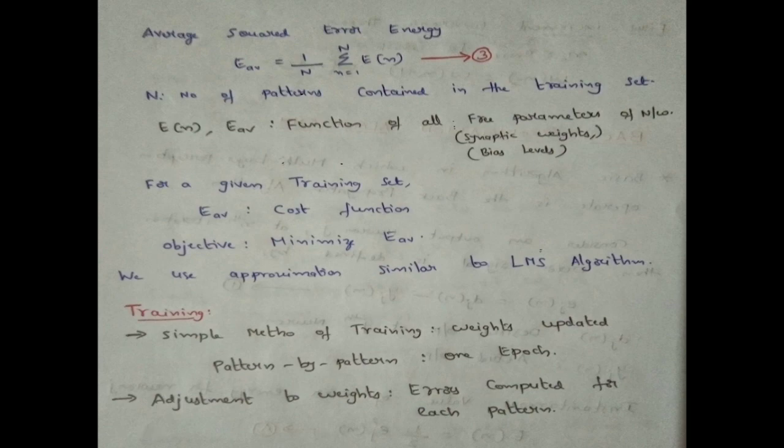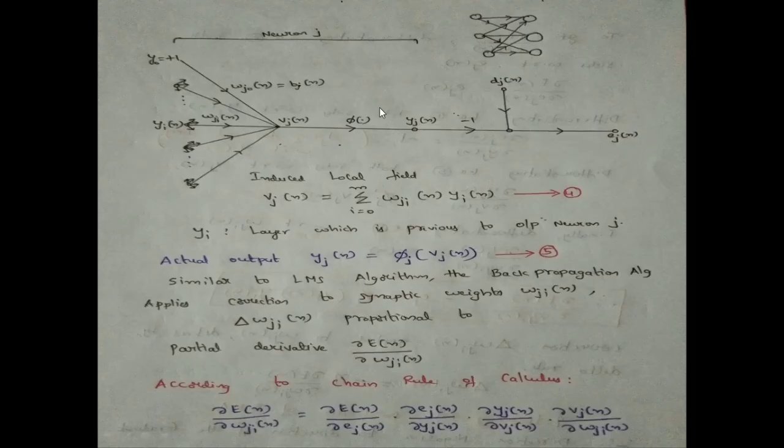Let us now see the signal flow graph of the output neuron j. It looks like this. If you see here, the inputs to this neuron j are the output signals produced by the neurons in the previous layer. Let us assume that this is our neuron j. The inputs to this neuron j are the outputs produced by these neurons.